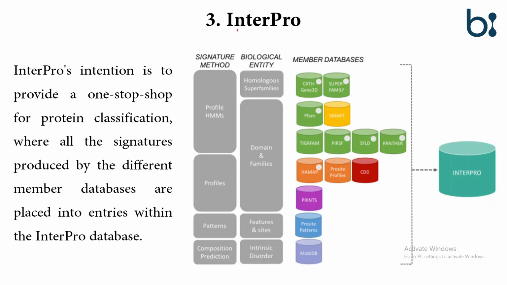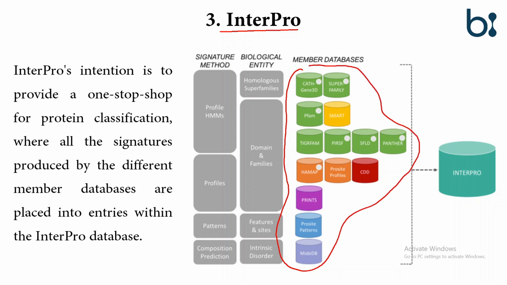The third database is the InterPro database. It connects all the protein databases, so that researchers don't have to visit the individual databases.